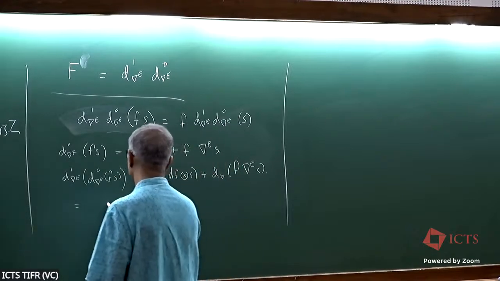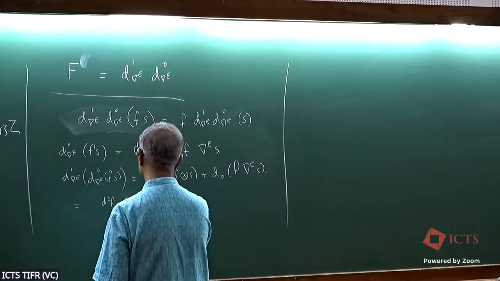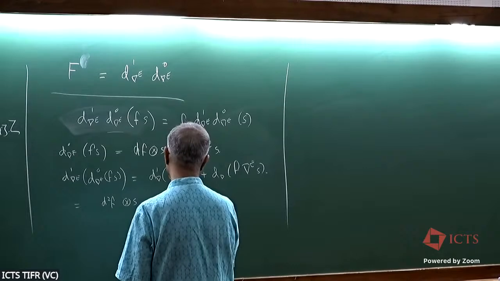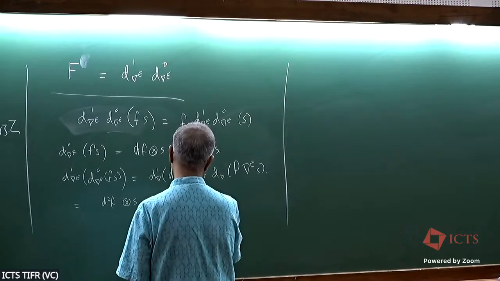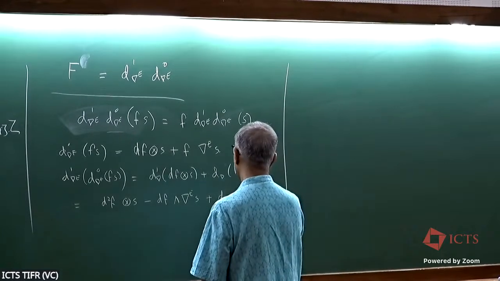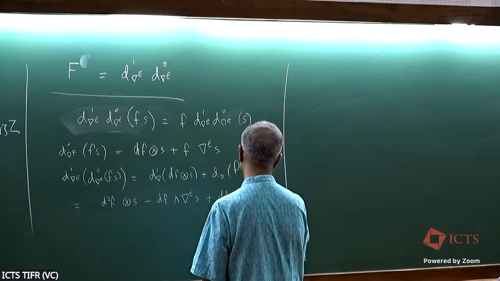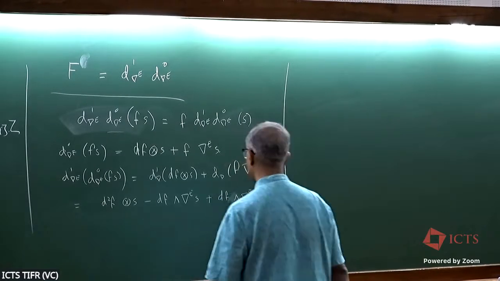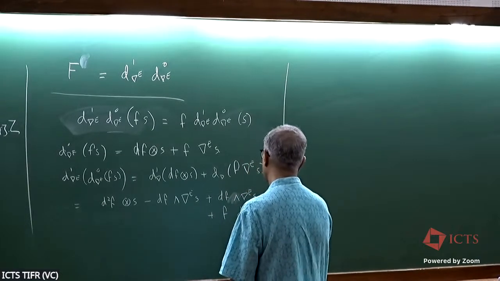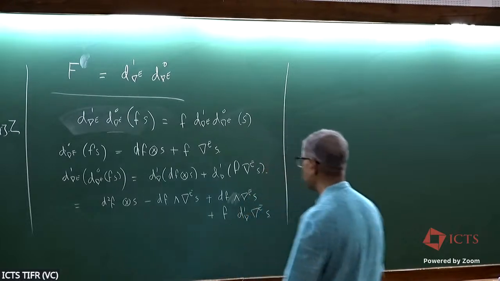That's d squared f, the ordinary d of the first guy tensor s, minus df wedge nabla E s. The second guy is df wedge nabla E s plus f d nabla 1 of nabla E of s.